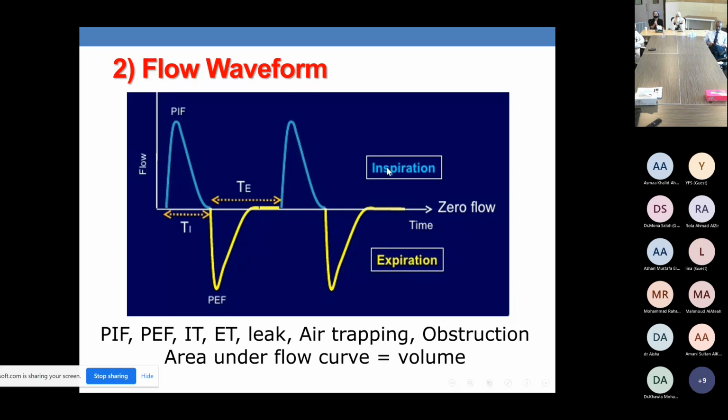Above the baseline is inspiration, below the baseline is expiration. So it is important to know that if there is leak, this is the I time. If it is not enough or there is leak, it's helpful here. If it is not reaching 0, there is air trapping if there is obstruction. And as we said, the area under the curve here is equal to the volume.